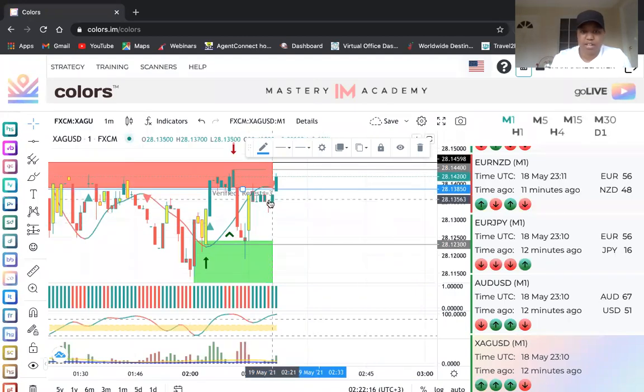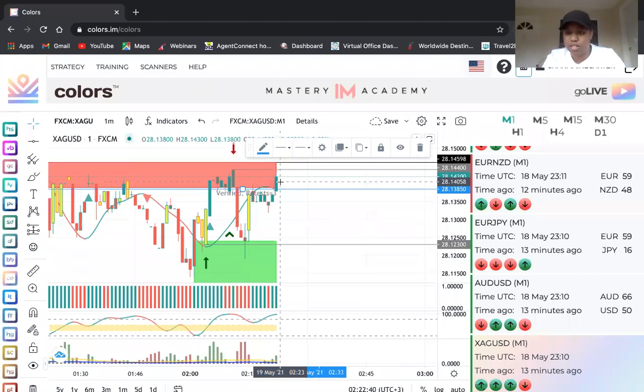Do remember that the more buyers come in the market, the more this red box will disappear. So the buyers can come in and push this price all the way up and test this area, and this box might disappear. All right, so that means the candle needs to be in the box.